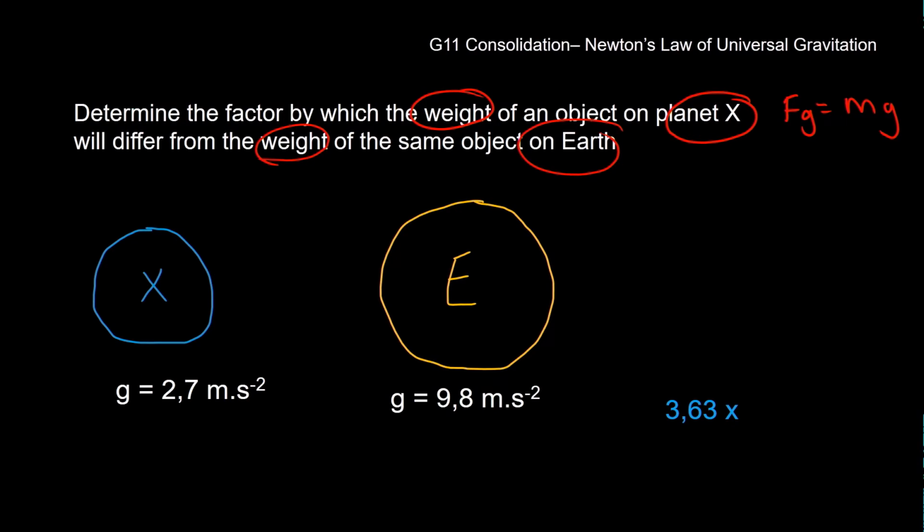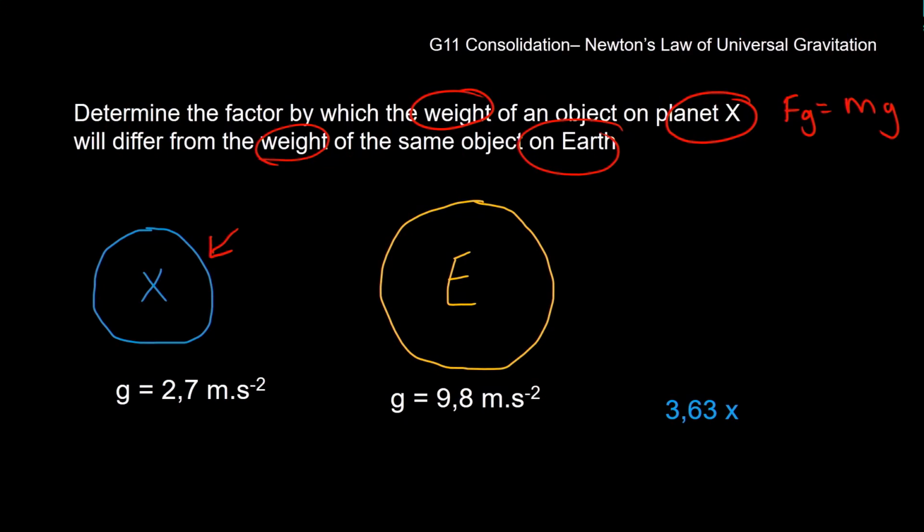is the gravitational acceleration. So I've drawn myself a picture here. I find pictures are very useful in figuring out problems. I've drawn planet X as I see it, and I've drawn Earth, because now I'm thinking Earth is bigger, the radius of planet X is a third of the radius of planet Earth.